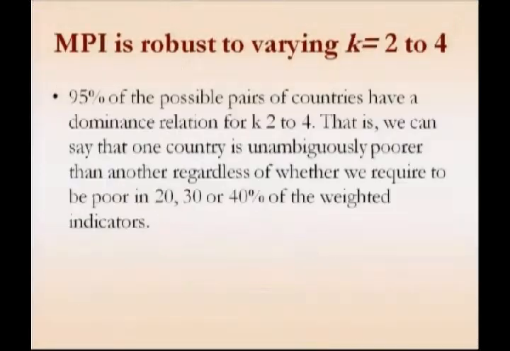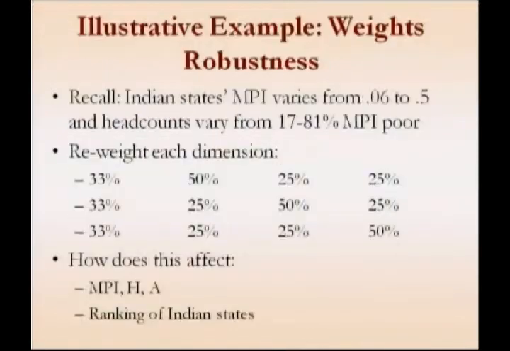So this is the type of analysis we are still working on, and in all the possible pairs of countries, we found that 95% of the comparisons are unambiguous between K=2 and 4. And finally, there is also the robustness to weights that has caused so much debate.